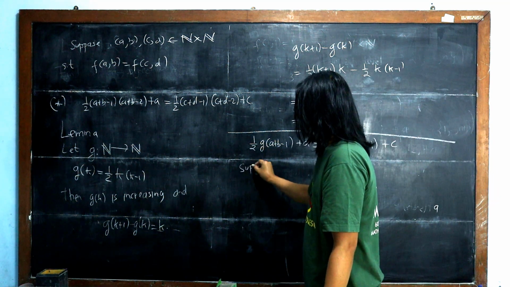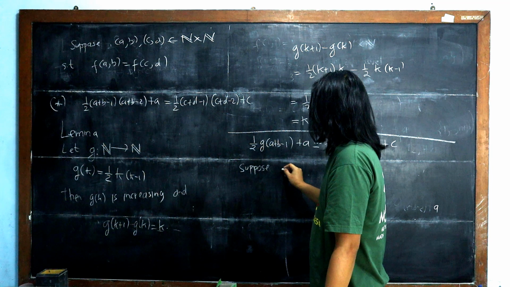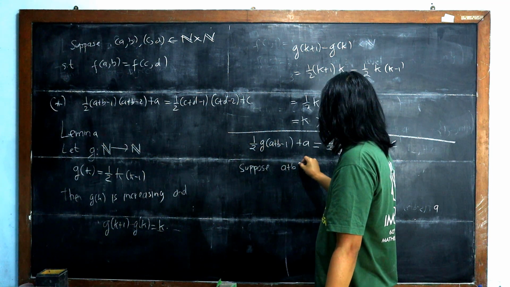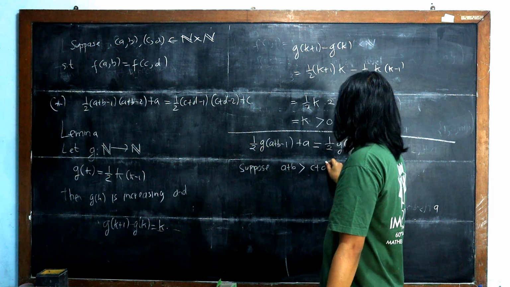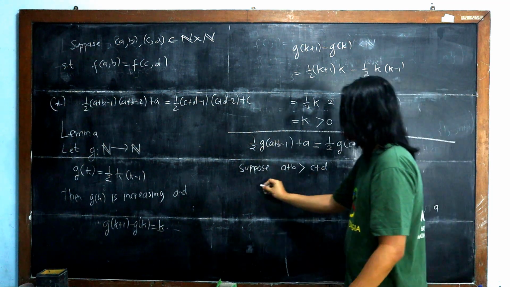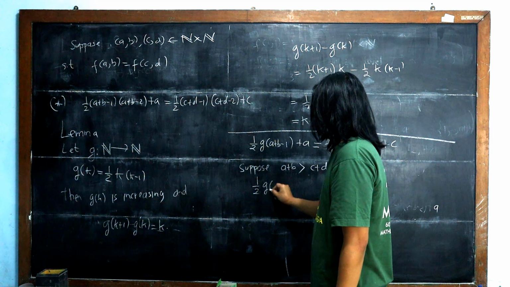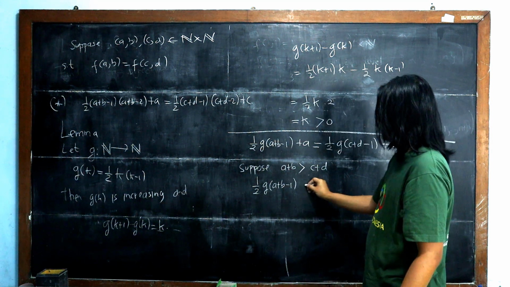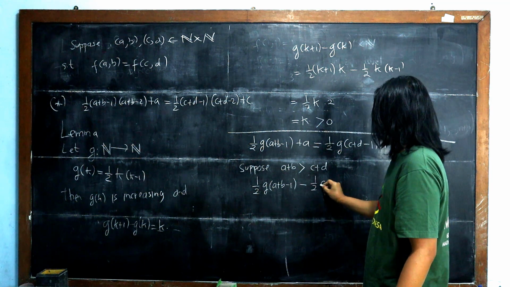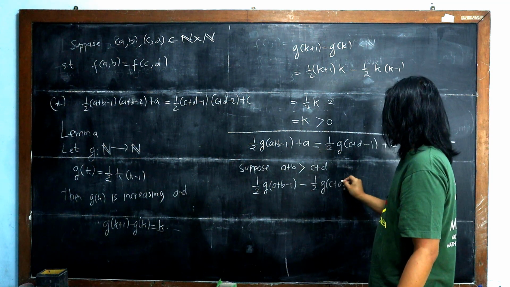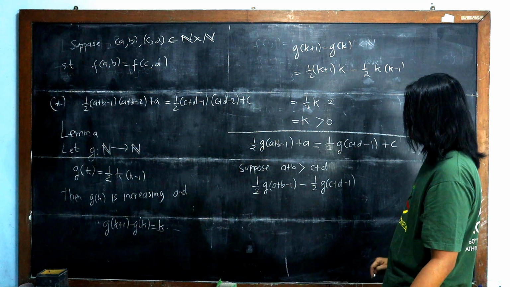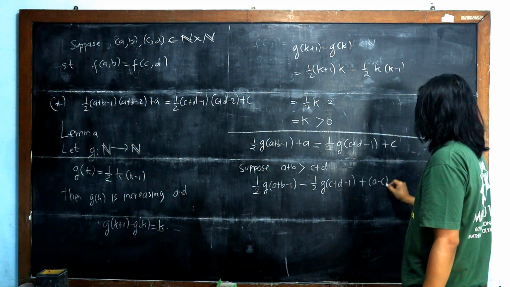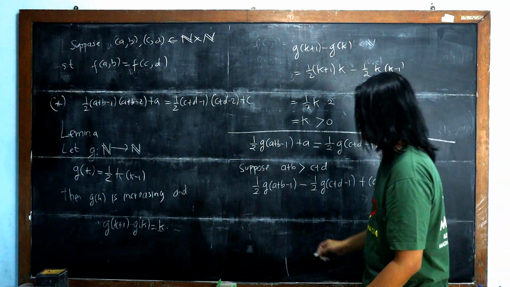Suppose that a plus b is greater than c plus d. Okay, so then we have half of g(a plus b minus 1) minus half of g(c plus d minus 1) plus a minus c is equal to 0, right?